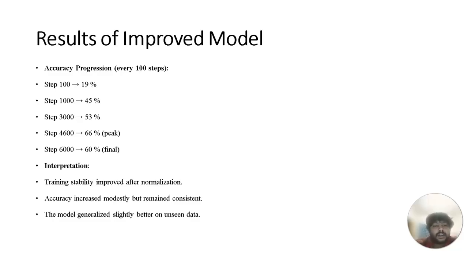The model generalized slightly better on unseen data, because the improved CNN learned more efficiently by avoiding overfitting, and it produced more stable results. The final accuracy wasn't dramatically higher, because as I've told, at step 4600 it peaked at 66%. But overall, the learning behavior became much more reliable at each step.